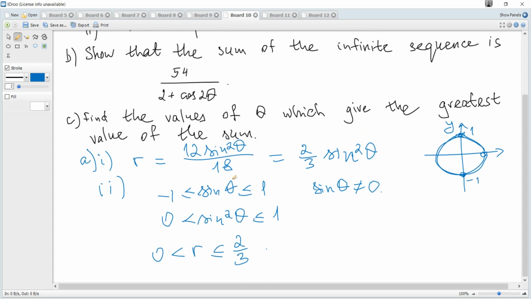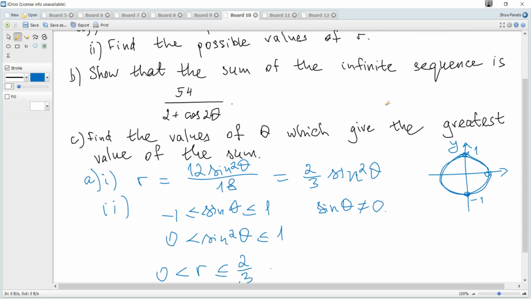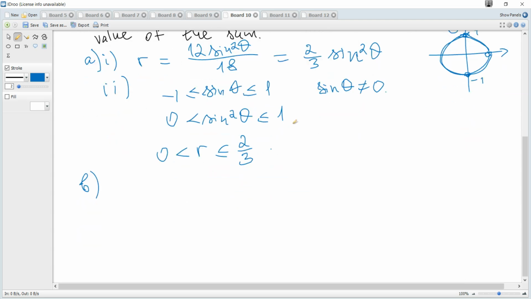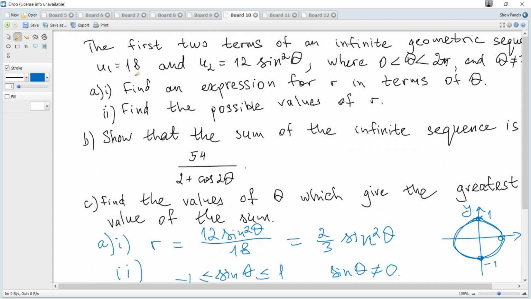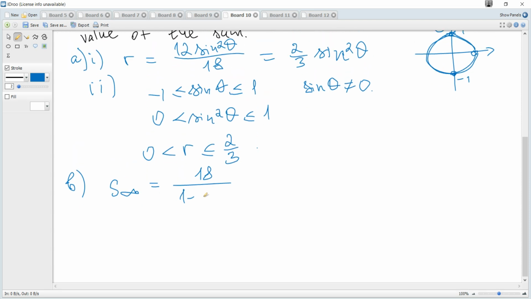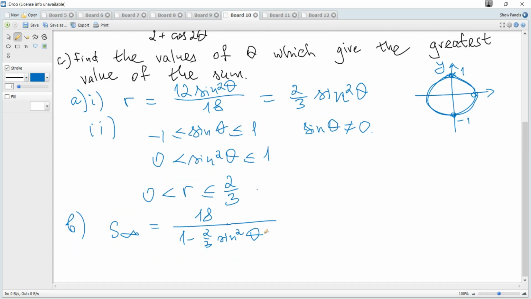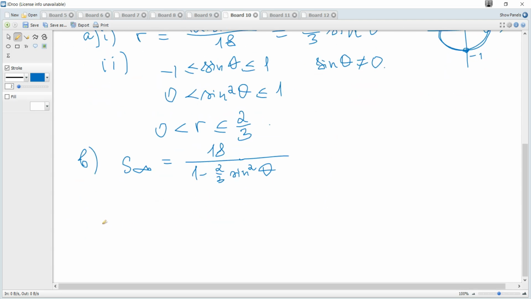The next part shows that the sum of the infinite sequence is equal to a given expression. Since it's about the sum up to infinity, we use the formula, and it says that it is equal to the first term, which is 18, it's given, divided by 1 minus the ratio, and the ratio is 2/3 times sine squared of theta. We need to rewrite sine squared in terms of cosine of 2 theta, and we know the double angle formula that cosine of 2 theta is 1 minus 2 times sine squared of theta.